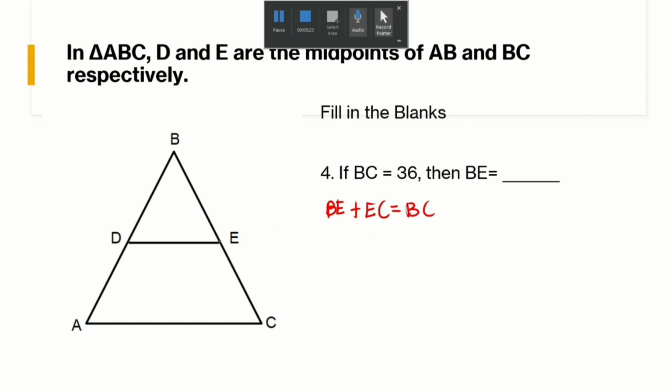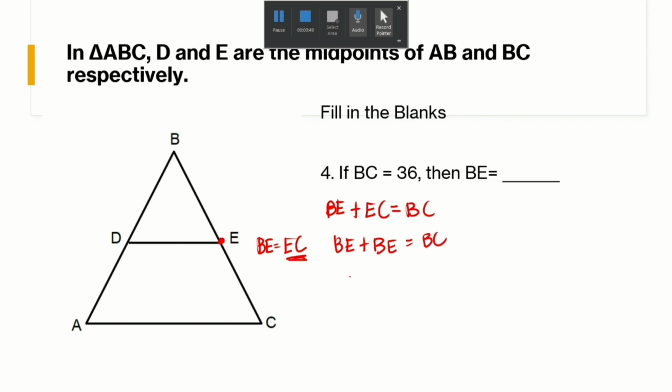Then take note, since point E is the midpoint of segment BC, we can say that segment BE is equal to segment EC. So by substitution, we can substitute EC as BE. So we have BE plus BE is equal to BC.